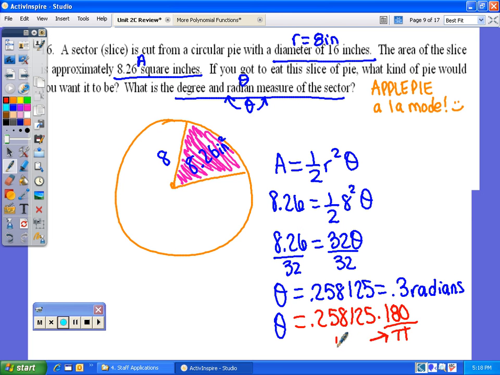And that's your pi button. Yeah, put this whole thing because it'll give you more of an exact answer. And then you can round it to 14.8 degrees. So that's your degree measurement. This is your radians measurement. So make sure you know this.